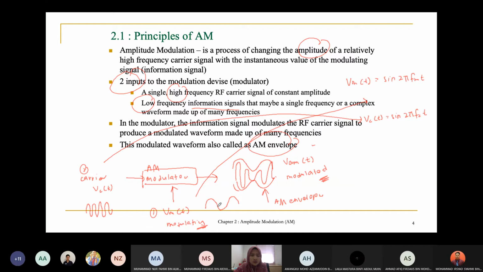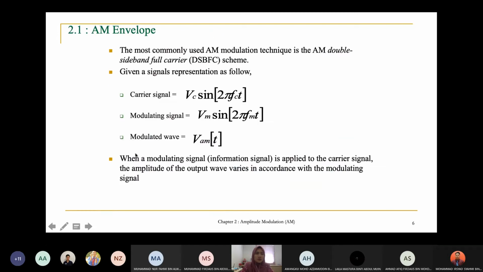However, you can see that the frequency of VM, the modulating signal, is lower compared to the carrier signal. The most commonly used AM modulation technique is AM double sideband full carrier, DSBFC. This is the AM modulation technique that we will focus on in this subject. So we will only cover AM double sideband full carrier.